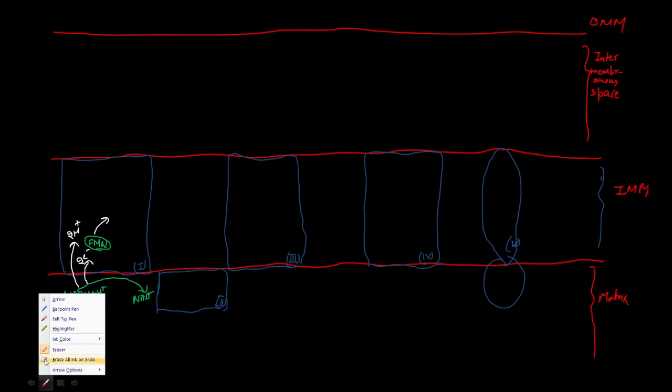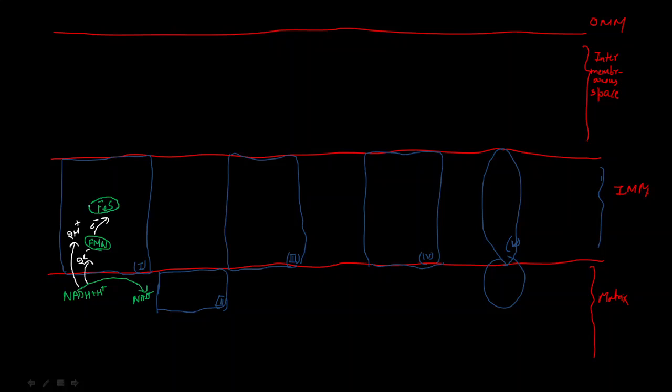Just write here. The electron is going to pass on to iron sulfur. Now when this electron is passed on from FMN to iron sulfur, what is going to happen?